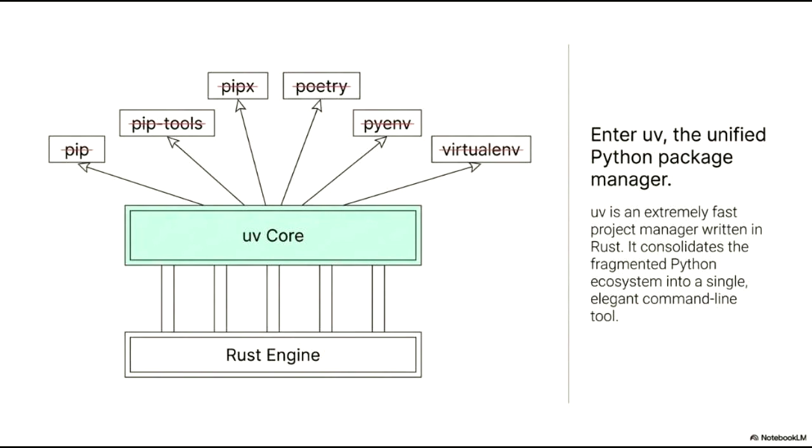It serves as a single, elegant command line tool that encompasses the functionality of several widely used utilities, including pip, pip-tools, pipx, poetry, pyenv, and virtualenv. By bringing these disparate capabilities into UV Core, developers can streamline project management and significantly simplify their overall workflow.